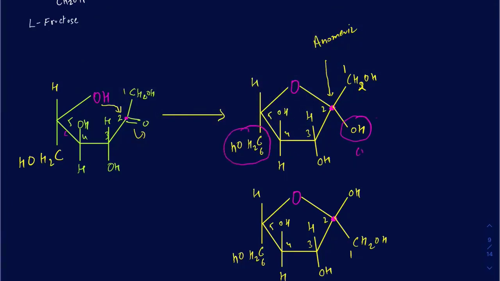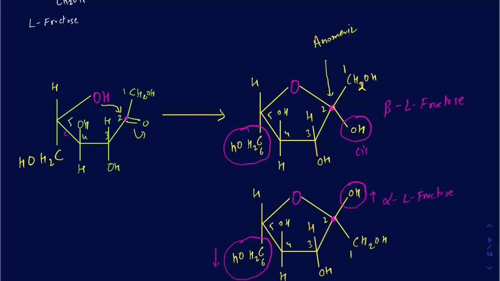And since they are cis to one another, this particular one is going to be a beta. So this is going to be beta L fructose. And then the second one, since you have the OH and this CH2OH, they are trans to one another, where one is pointed down and the other one is pointed up. This is going to be your alpha L fructose.